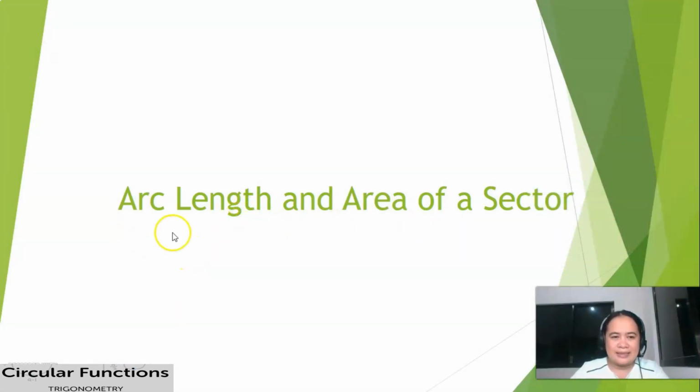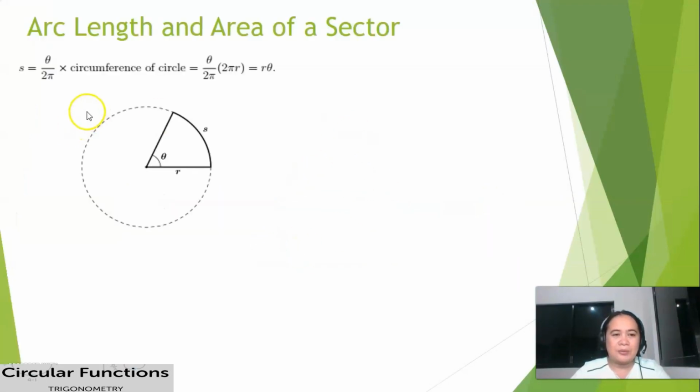Okay, next, arc length and area of a sector. Given this, S is the arc length, R is the radius, and theta is the central angle. Take note, this arc length is equal to the measure of the angle over 2 pi times the total circumference of the circle, which is 2 pi r.